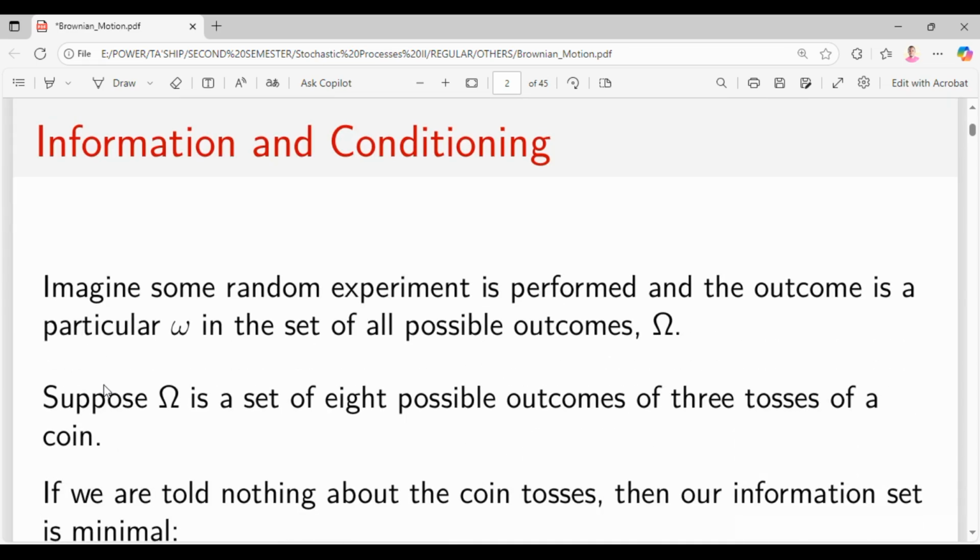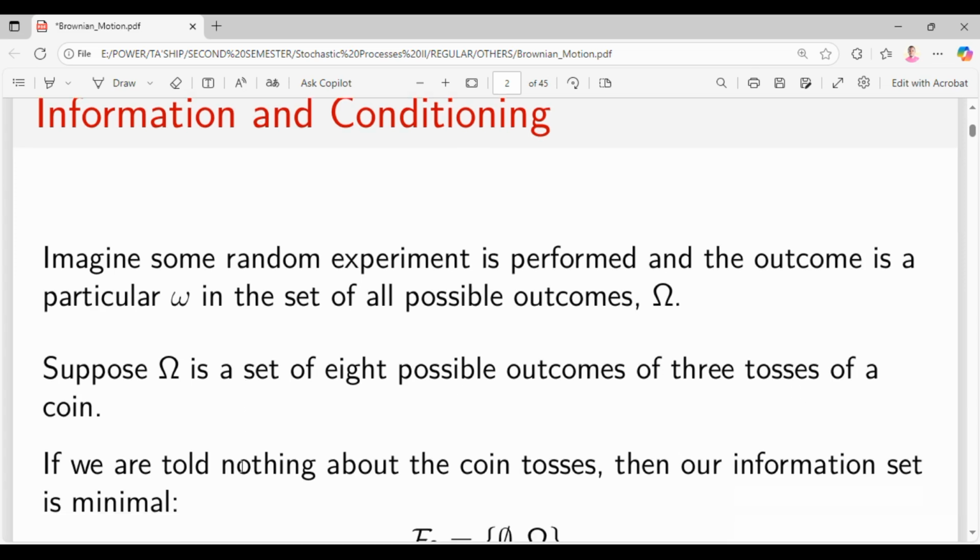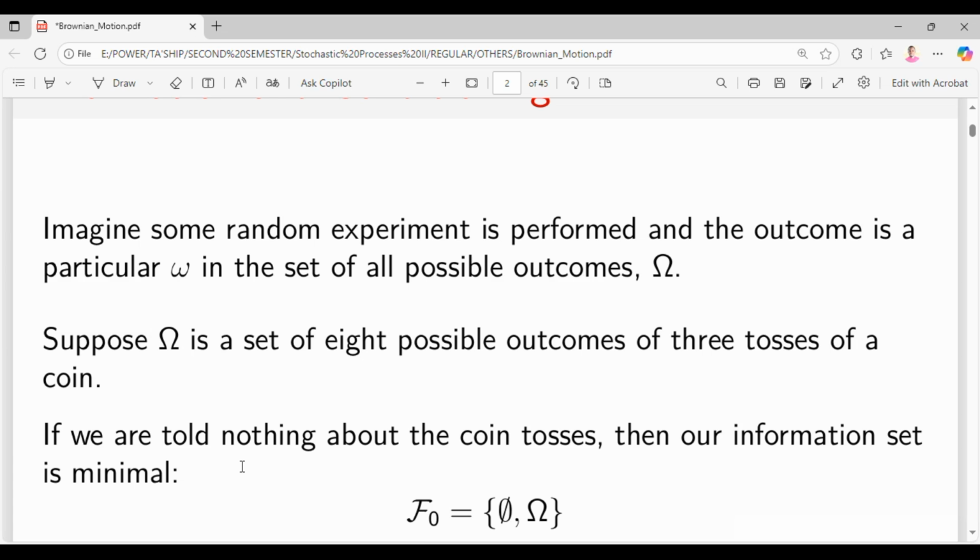Imagine that we have some random experiment to be performed and the outcome is a particular omega, which is an element of all possible outcomes, capital omega. Suppose that omega is one of 8 possible outcomes of 3 tosses of a coin. We all know that if you toss 3 coins at the same time, you get 8 possible outcomes.